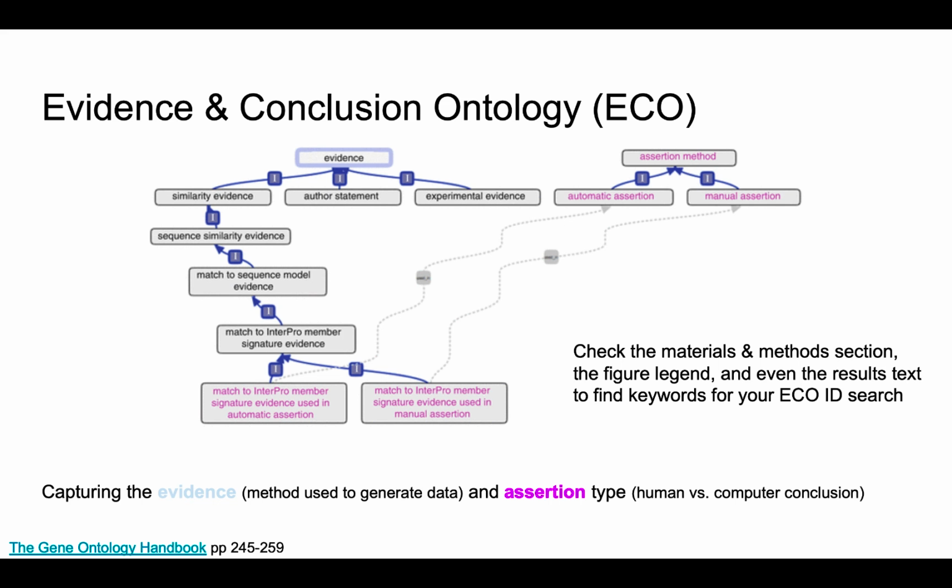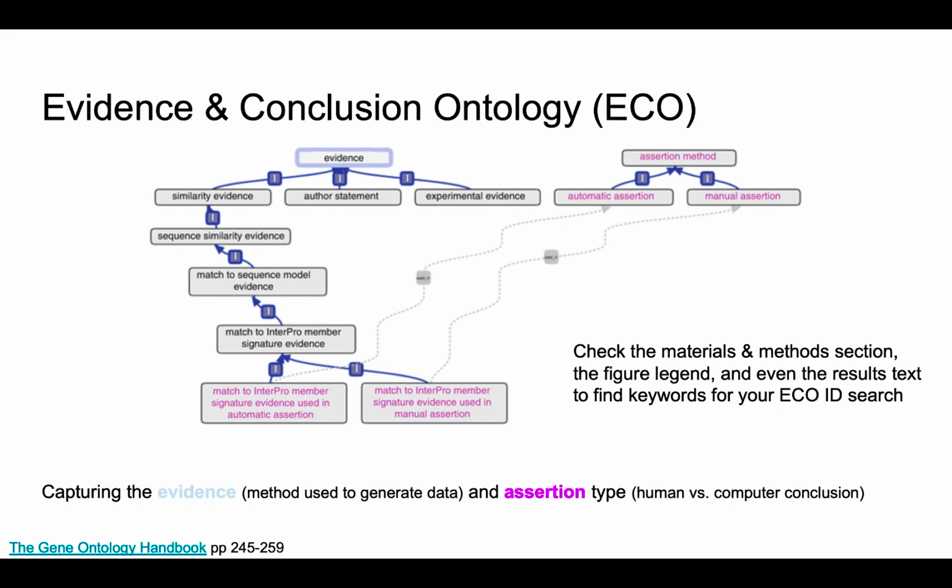Yeah. So under assertion, the difference is automatic means a computer was reading through and made a temporary claim about this protein, and manual assertion means that humans looked at it and determined that this was the evidence or conclusion that was made.